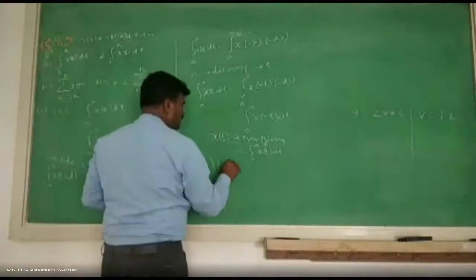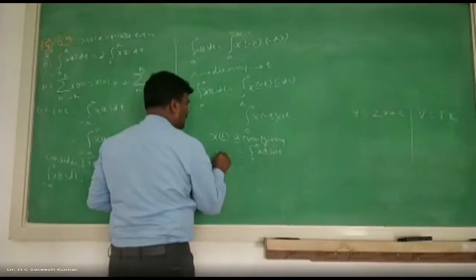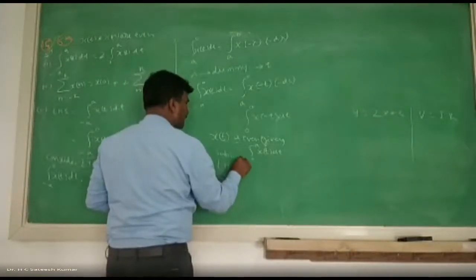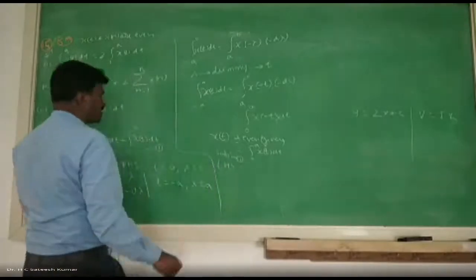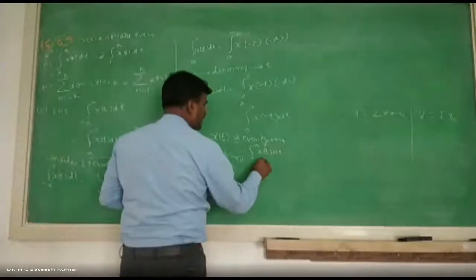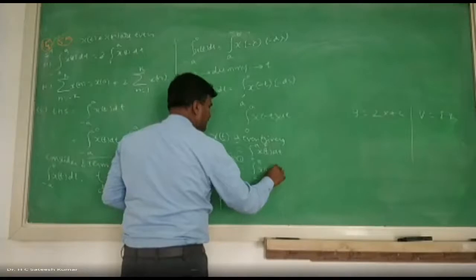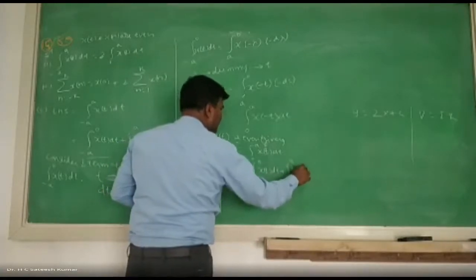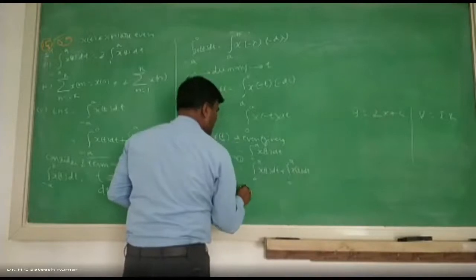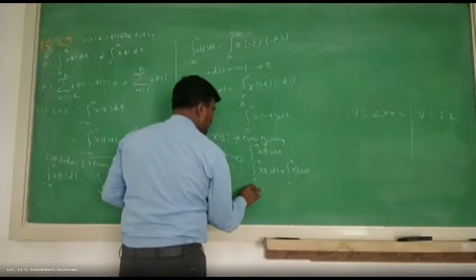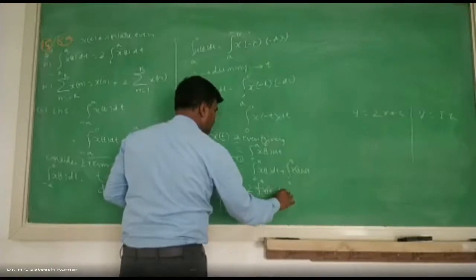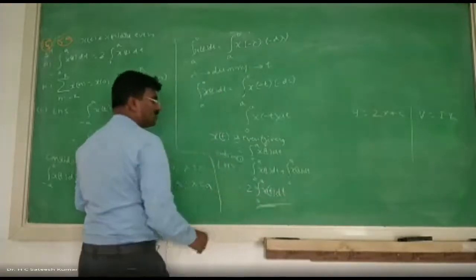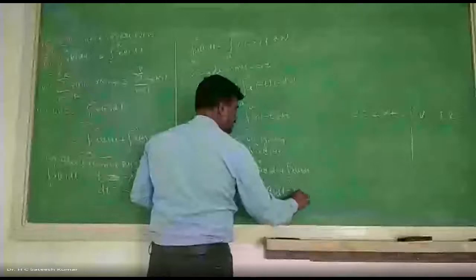LHS is equal to, first term only replaced, 0 to a x of t dt. Second term as it is, 0 to a x of t dt, which is equal to 2 times integration from 0 to a of x of t dt, which is equal to RHS. This will fetch you 2.5 marks.